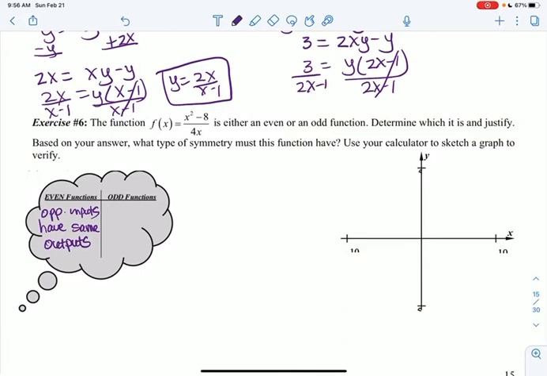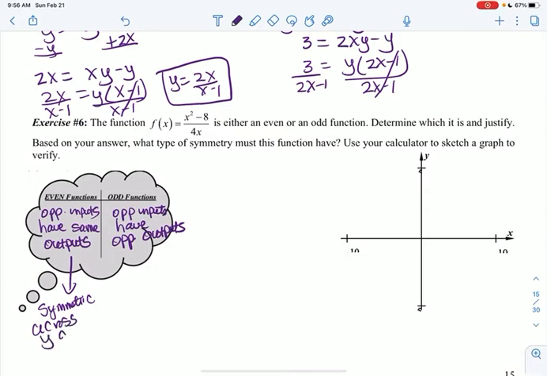Odd functions, opposite inputs have opposite outputs. All right, and also remember, graphically, even functions are symmetric across the y-axis, and odd functions are symmetric across the origin.